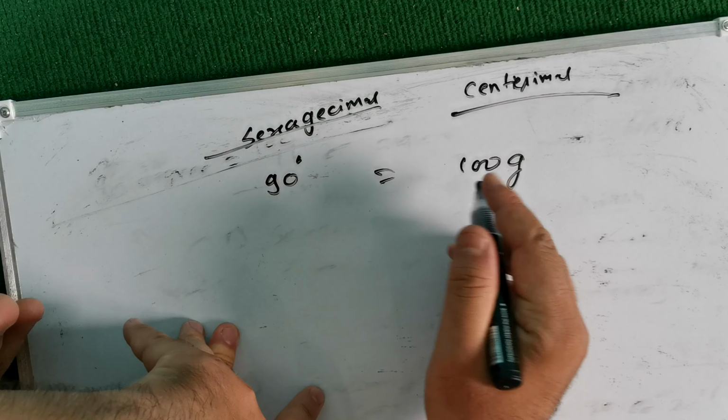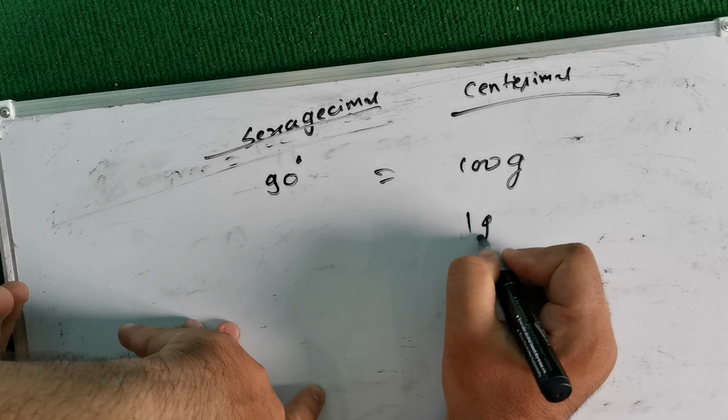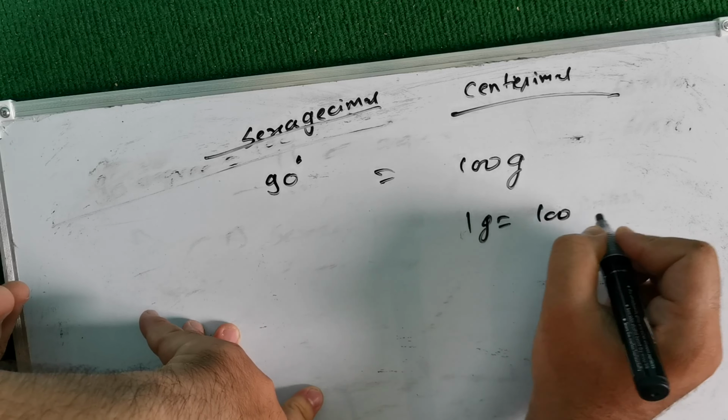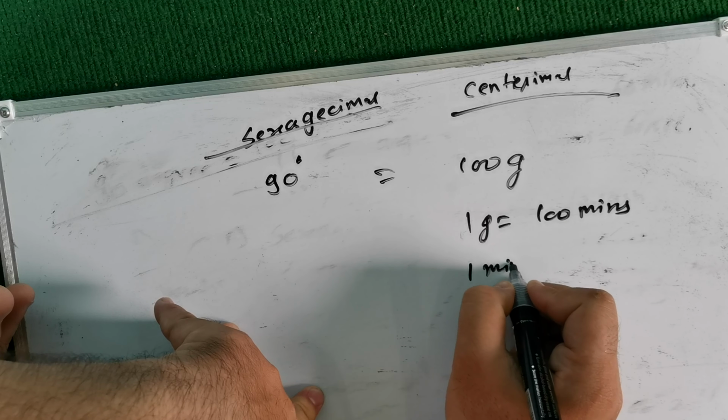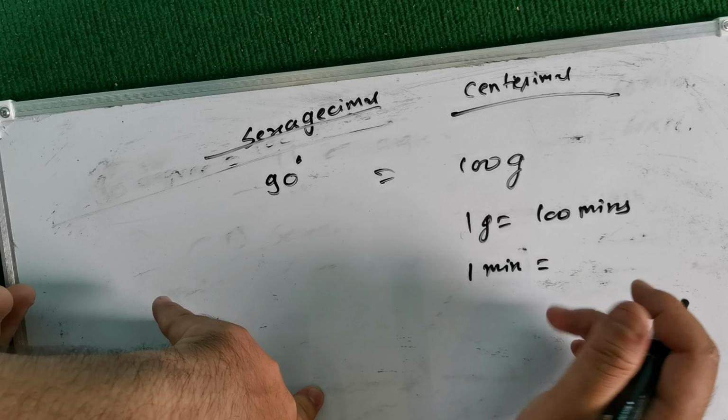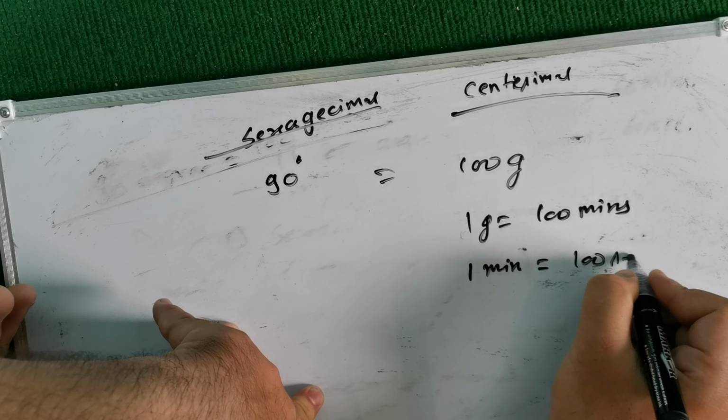In centesimal, 1 grade is equal to 100 minutes and 1 minute is equal to 100 seconds.